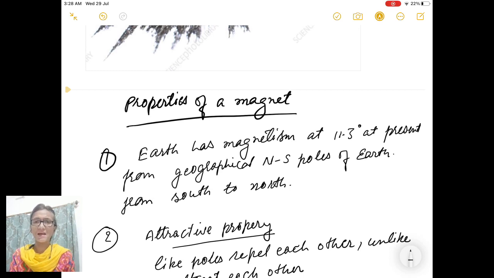Our earth is a magnet and its direction is from the south towards the north pole, at an angle of 11.3 degrees from north to west at present, and this direction of magnetism changes with time. In the past 10,000 years, there have been several reversals of this magnetic field.